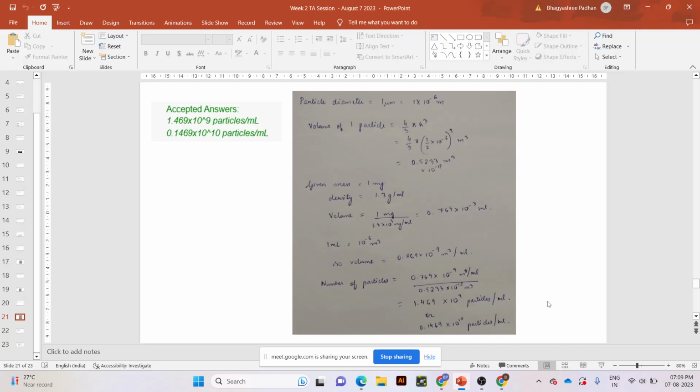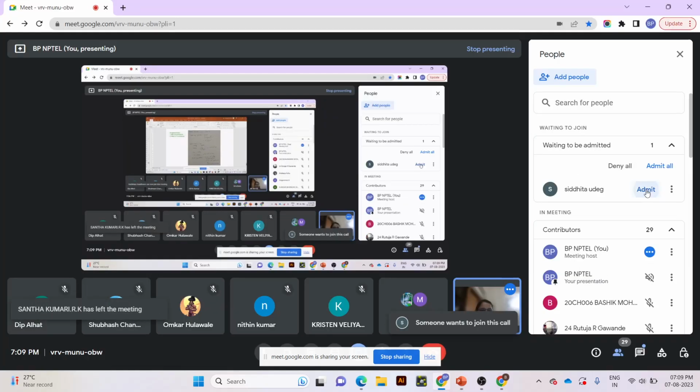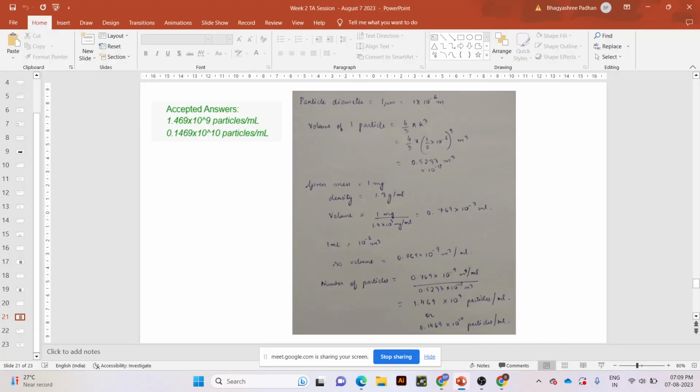Then the mass given here is 1 mg, density 1.3 gram per ml. So we can calculate the volume from there, mass by density, which comes to 0.769 into 10 power minus 3 ml. If we convert this to meter cube, the volume would be 0.769 into 10 power minus 9 meter cube.